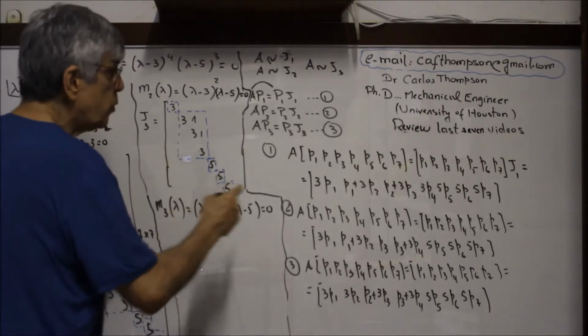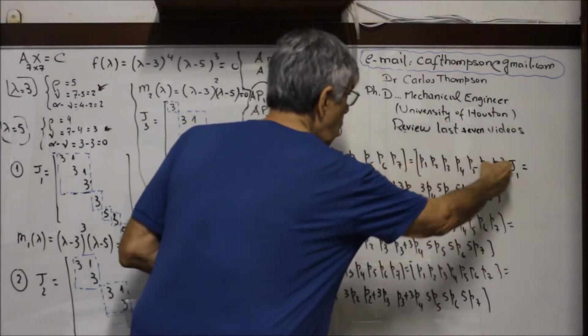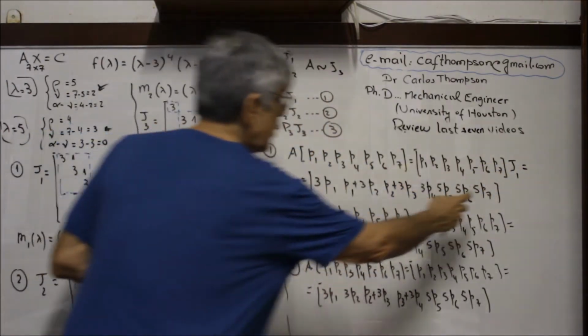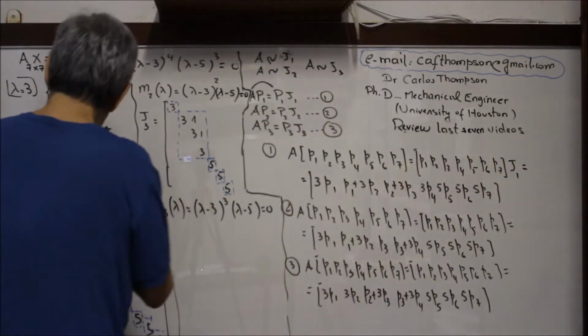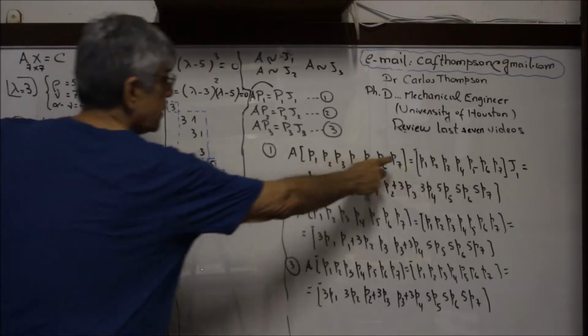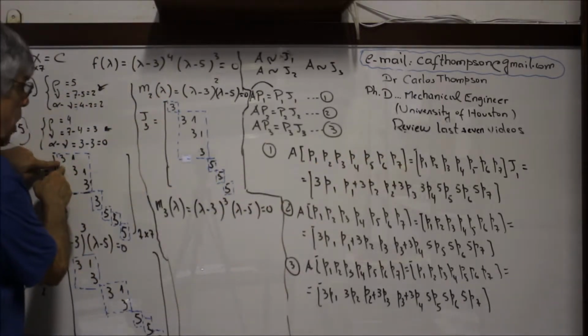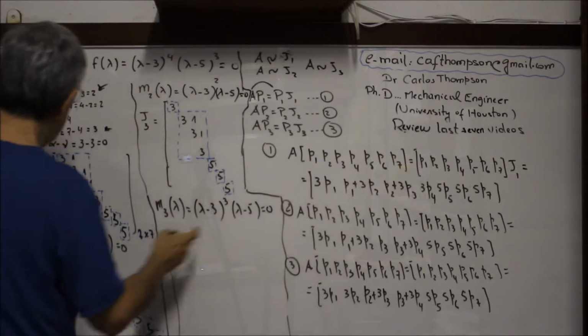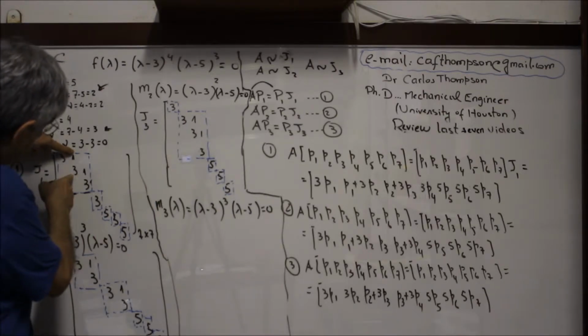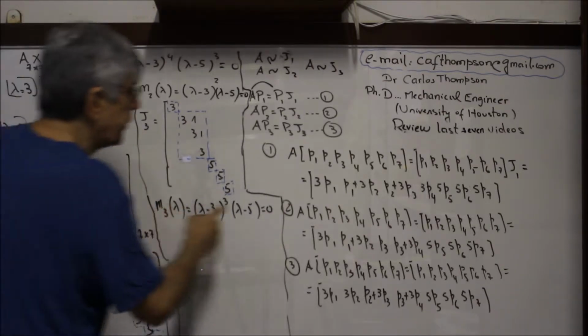Look, let's multiply this row by J1. See? Now, we have 3P1 here, plus P1 plus 3P2.